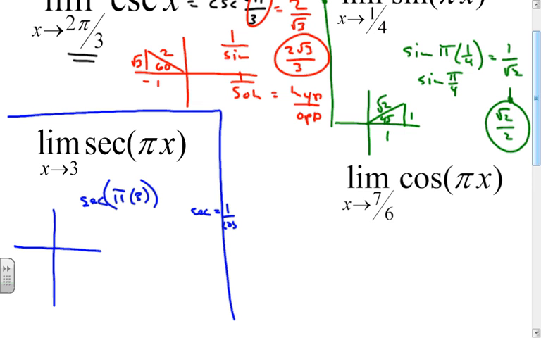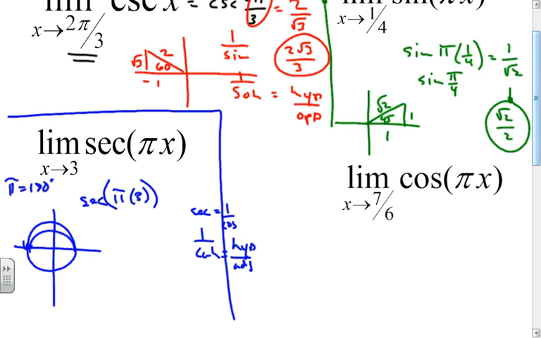Cosine is CAH, so we're taking 1 over CAH, hypotenuse over adjacent. Well, for 3 pi, we go 1 pi, because pi is 180 degrees. 1 pi, 2 pi's, and 3 pi is going to be located right there.